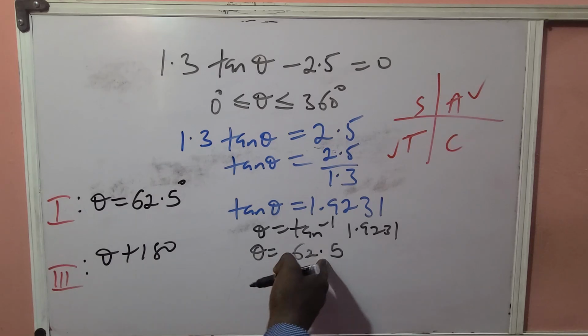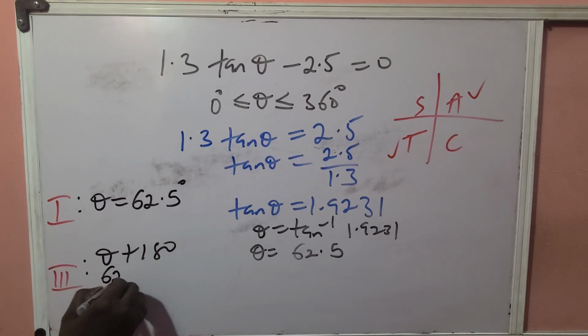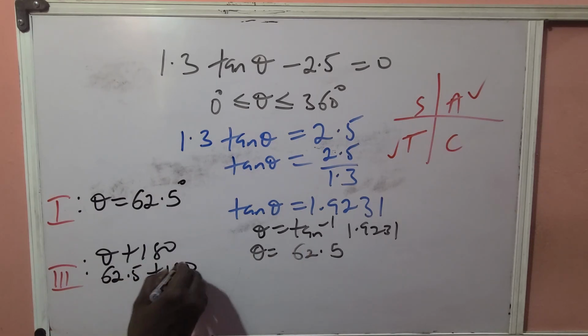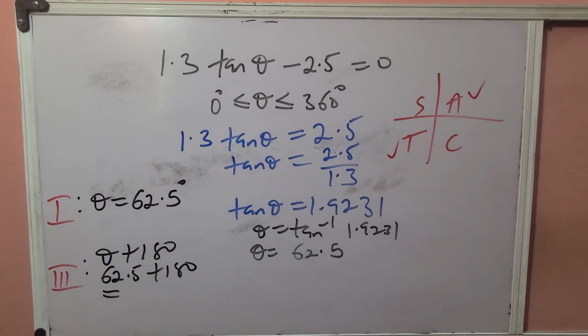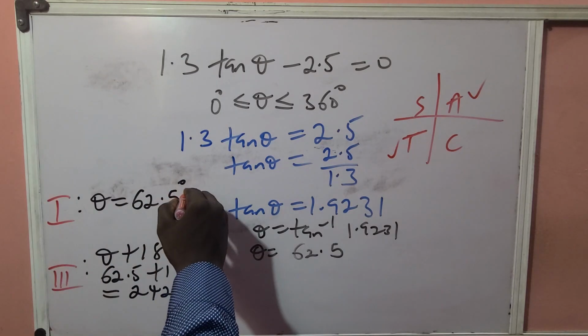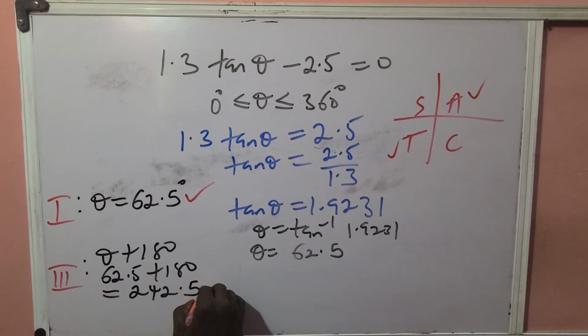And in this case, our theta is 62.5. That will be 62.5 plus 180. If you do 62.5 plus 180, you get a value of 242.5. So in this case now, we have both of our answers as 62.5 and 242.5.